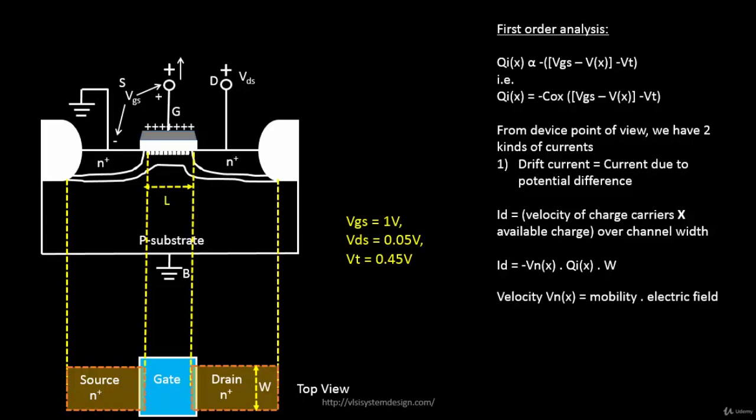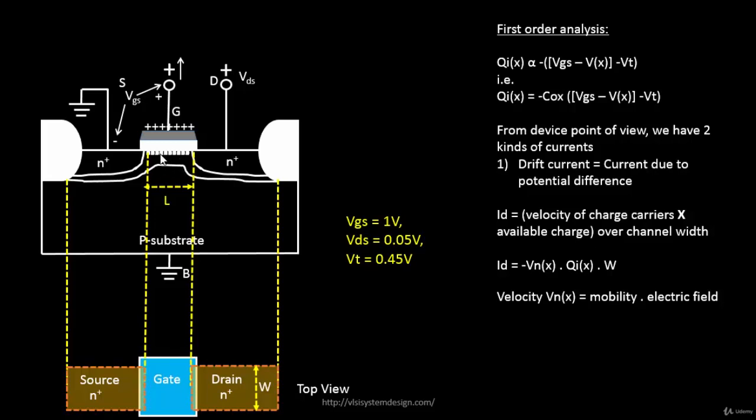Velocity, take this handy equation, is a product of mobility and electric field. So it basically says that if there is a change in the distance, in this small dx over the complete channel length L, there is a change in the potential, a change in the voltage, because we discussed some time back that this is a potential gradient.